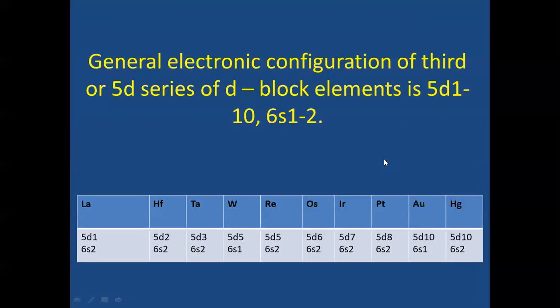Elements with similar electronic configuration will come one below the other forming a particular group. So this is the third B group: scandium, yttrium, lanthanum, hafnium.